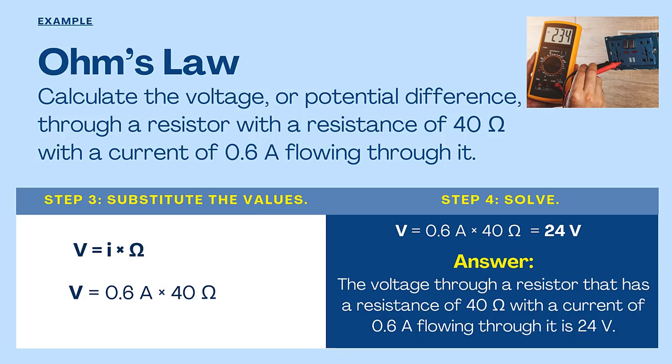V is equal to already given 0.6 amps into resistance is equal to 40 ohms. So V is equal to I into R is equal to 24 volt. So the answer is the voltage through a resistor that has a resistance of 40 ohms with a current of 0.6 ampere flowing through it is 24 volt.